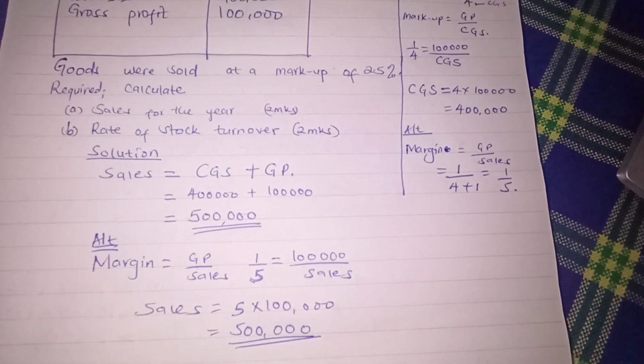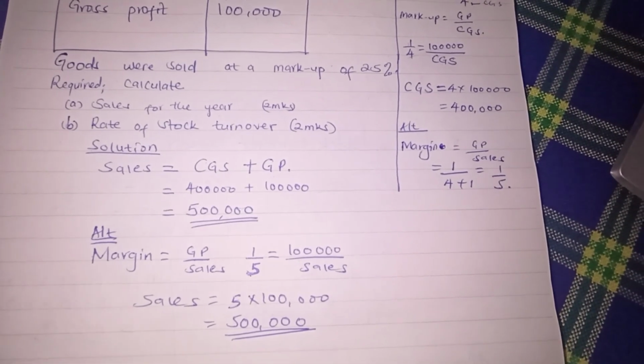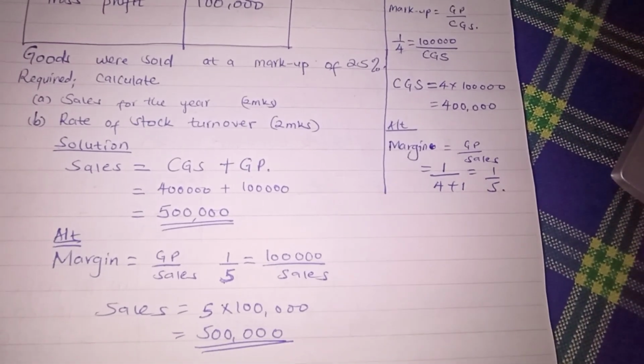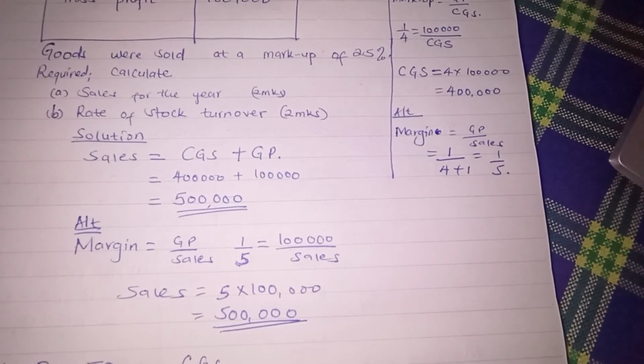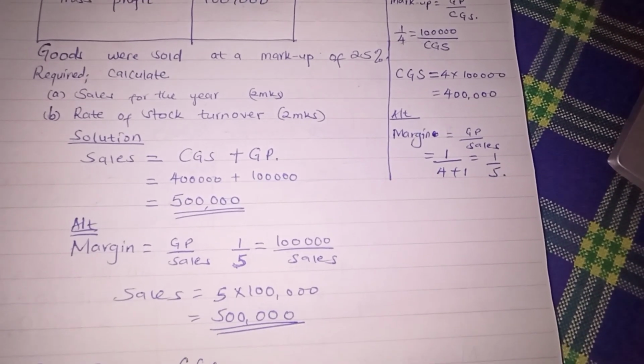On to our next question. We are supposed to get the rate of stock turnover. The rate of stock turnover is given by the cost of goods sold divided by the average stock.